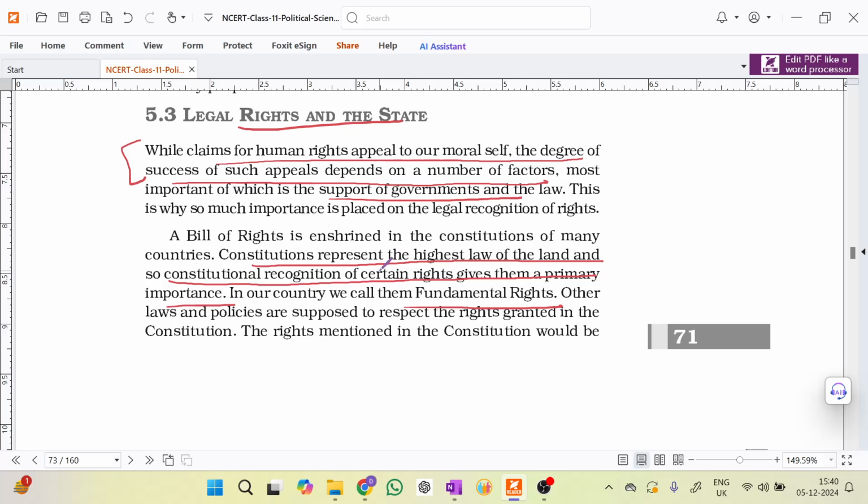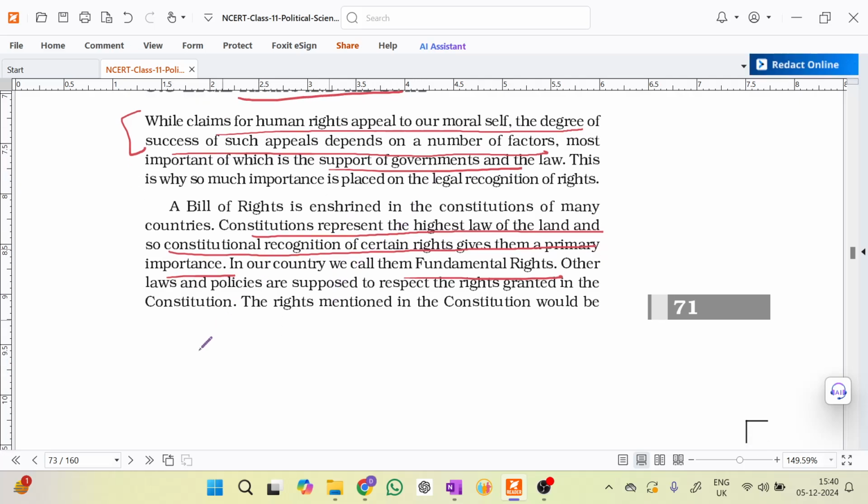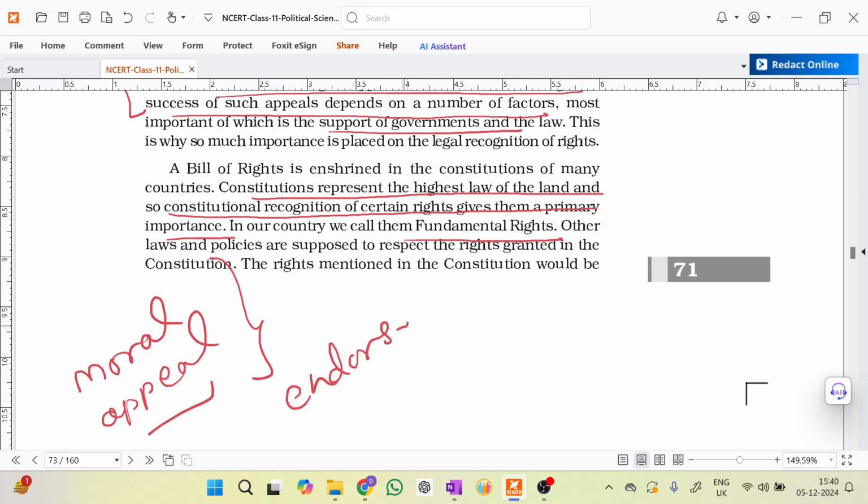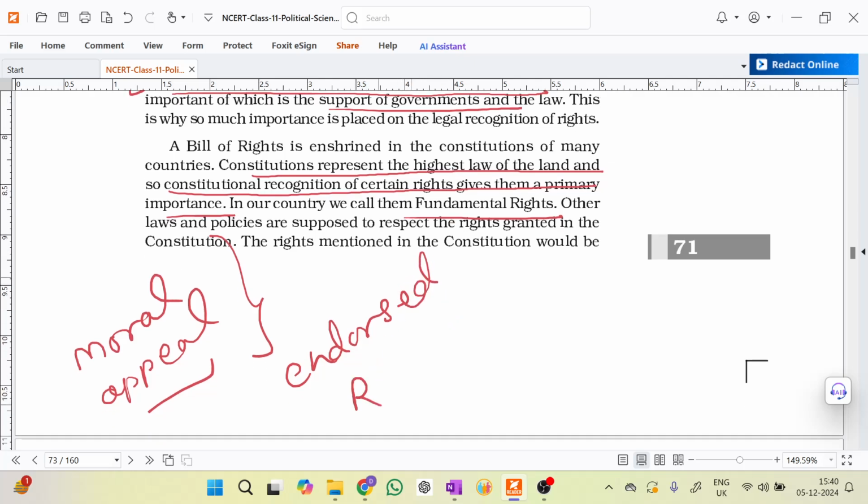But other than the moral appeal, rights or human rights become important when they are endorsed or recognized by government.